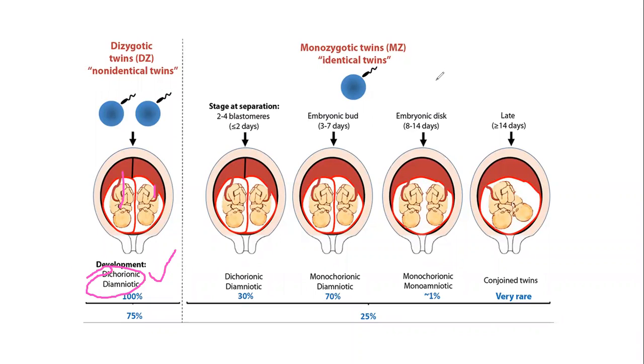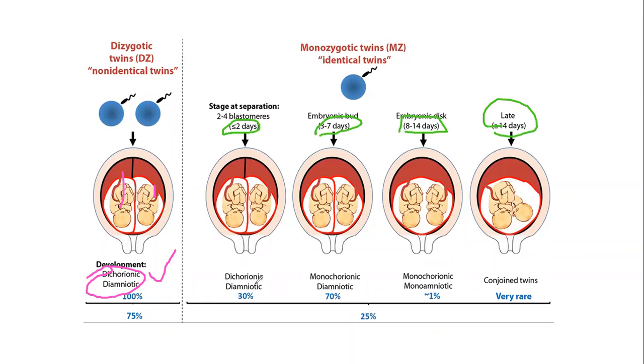Monozygotic twins are identical twins, and according to the day on which they separate, they have their names. You can see here: less than 2 days, 3 to 7 days, 8 to 14 days, and more than 14 days.